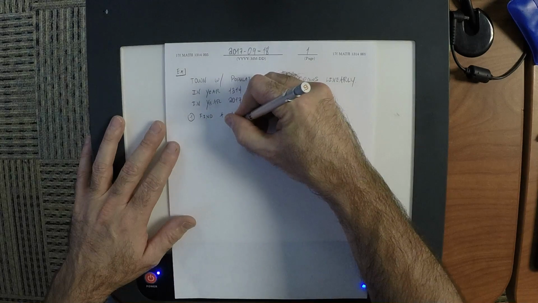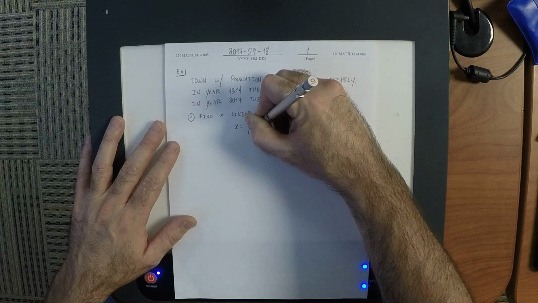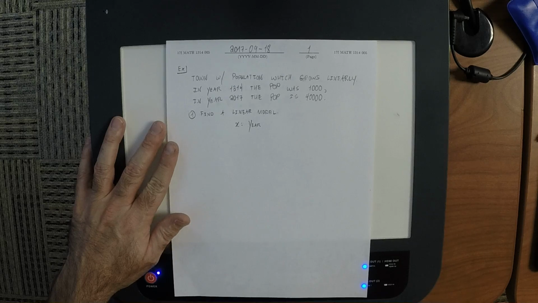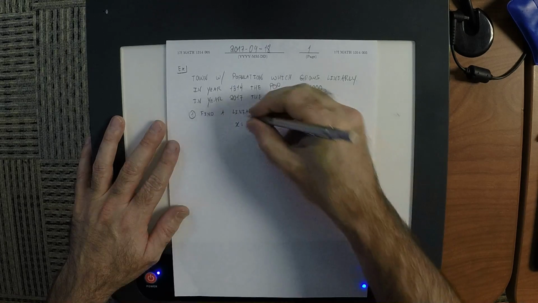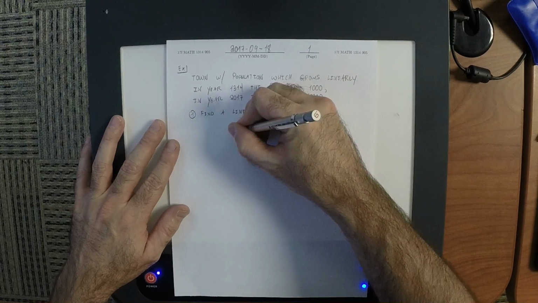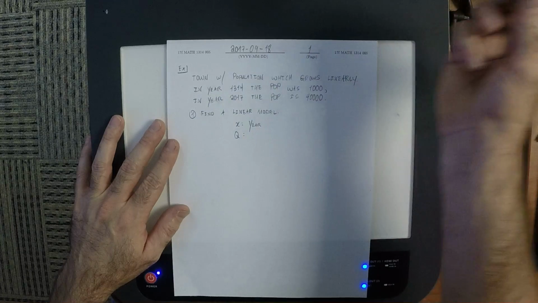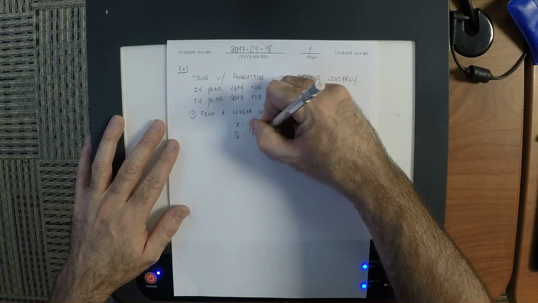X for year. Okay. And then what do you want to use to represent population? Okay, I'm gonna veto Y because that might sound like a year. A Q? A capital Q? Okay. So this will be population.